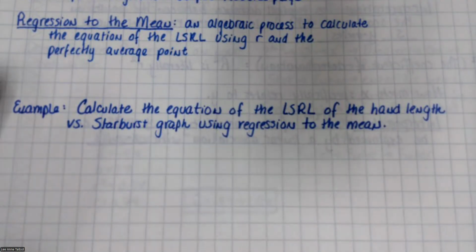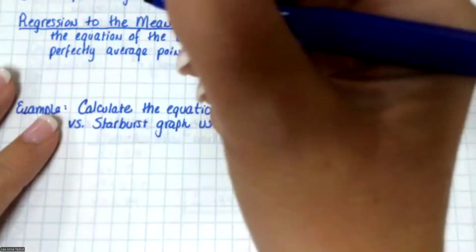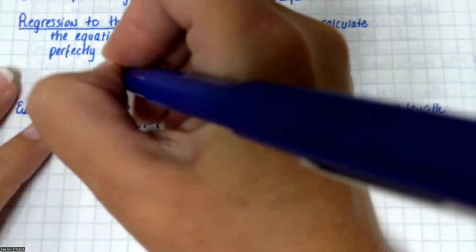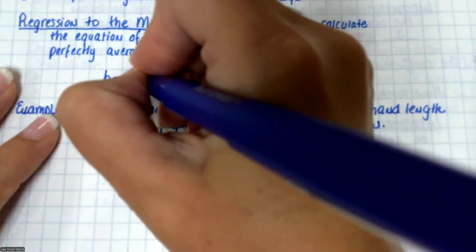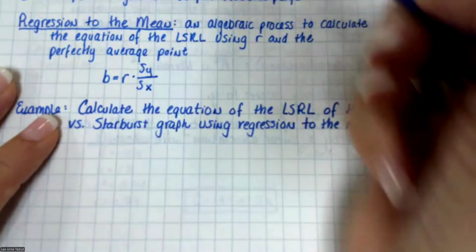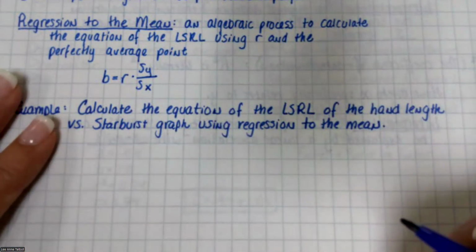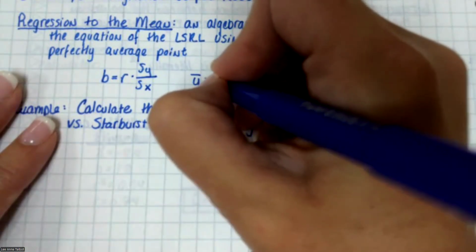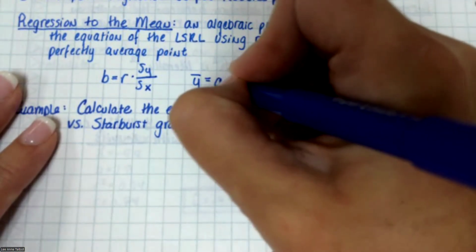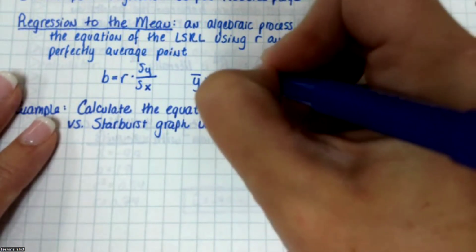Okay, and there's two formulas that you need that we're going to put in this spot. B equals R times the standard deviation of Y over the standard deviation of X. Y bar equals A plus B X bar.